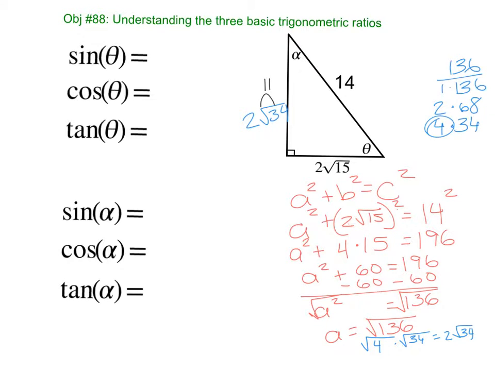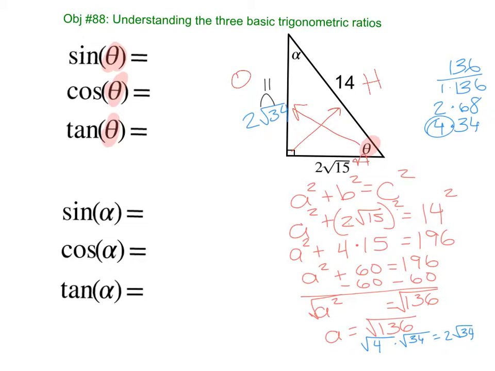All right, so now let's highlight our angle. So we're going to start with angle theta, and let's label it. Hypotenuse is always the same. Just going to put an H. Opposite, and then this one's adjacent.